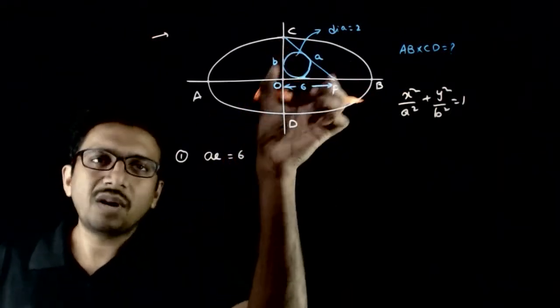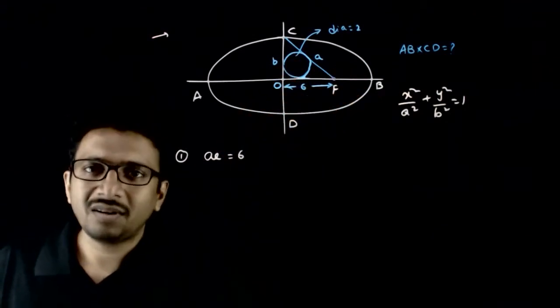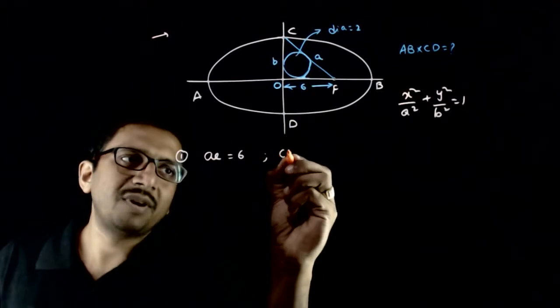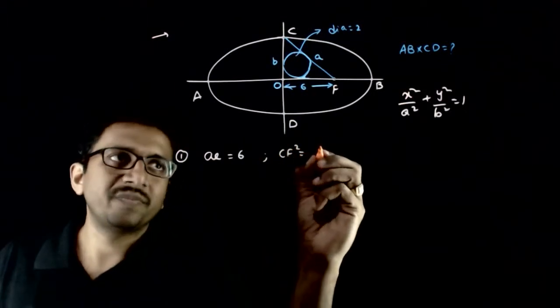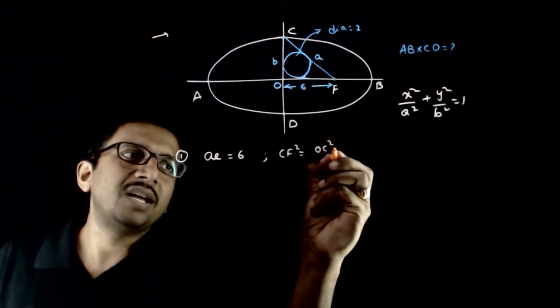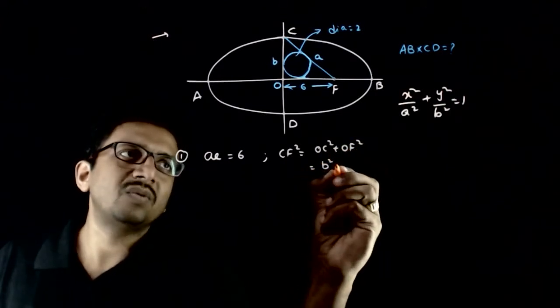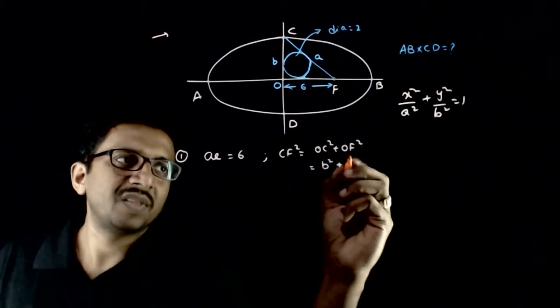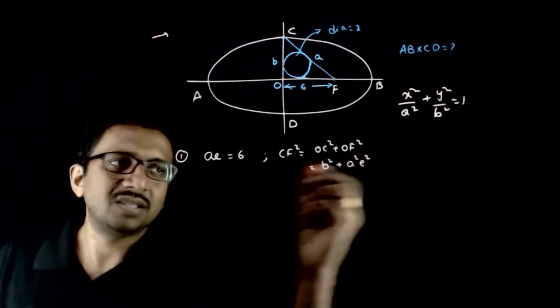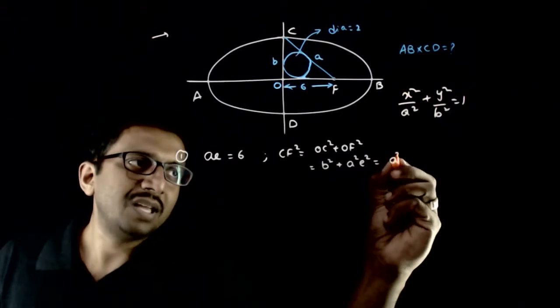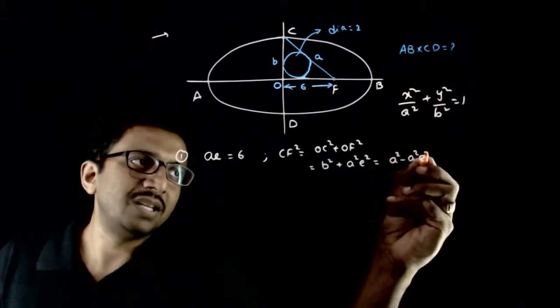So CF will obviously be equal to the number A because CF square, from Pythagoras theorem, is OC square plus OF square, that is equal to B square plus A square E square, and B square is equal to A square minus A square E square.